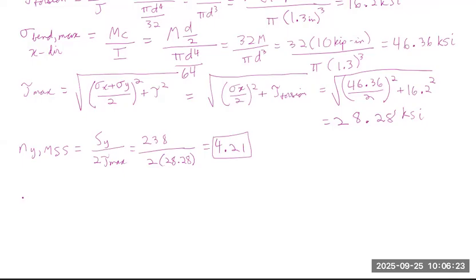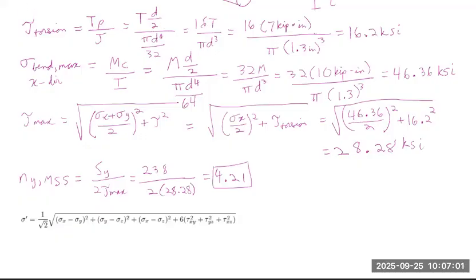Now for our maximum distortion energy theory, remember that we have to calculate sigma prime first, according to this equation. And basically, according to this equation, we get that sigma prime is equal to 1 over root 2 times the square root of sigma x, which is sigma bending maximum, which is 46.36.